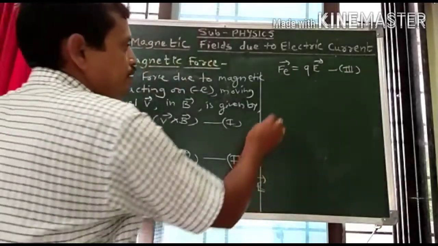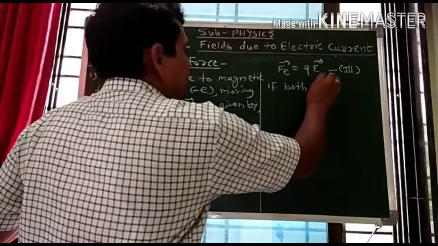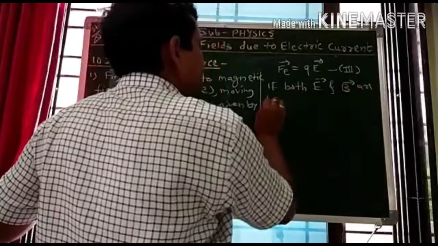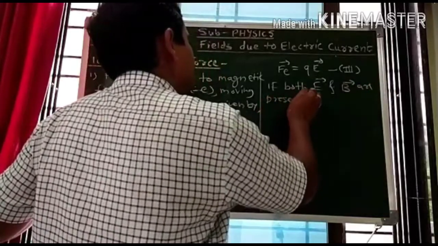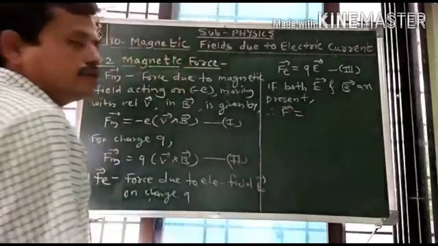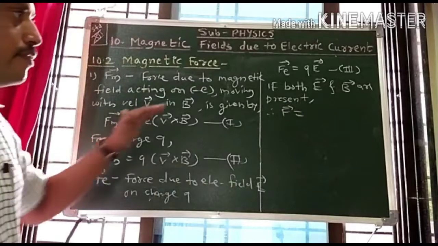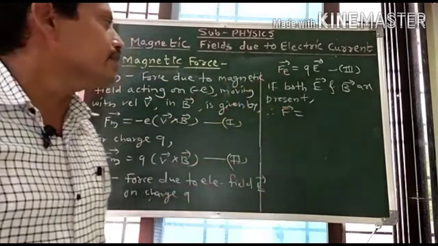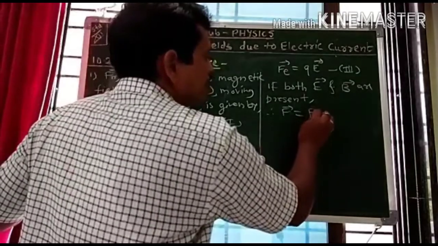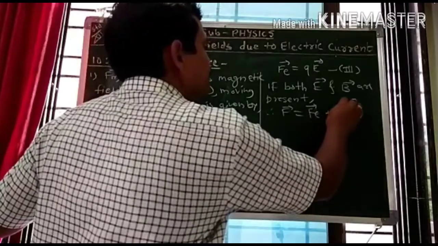Now if both the electric field vector E and magnetic field B are present, then the net force acting on the charge will be equal to the addition of these two forces, the force due to electric field and the force due to magnetic field. Therefore the net force acting on the charge, vector F, is equal to vector Fe plus vector Fm.